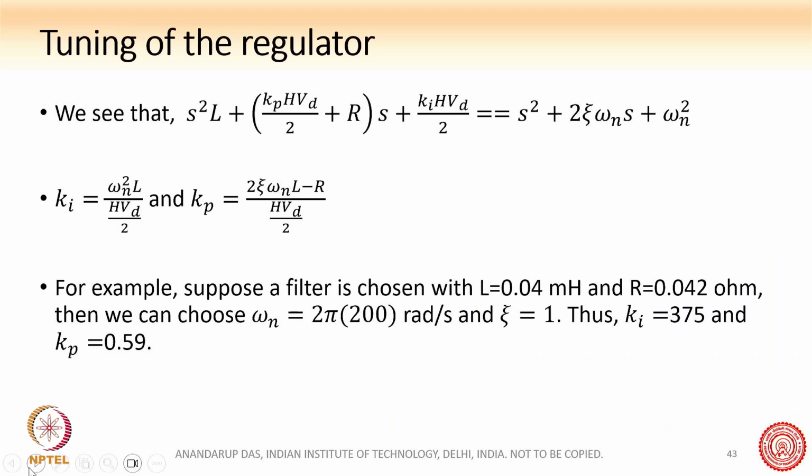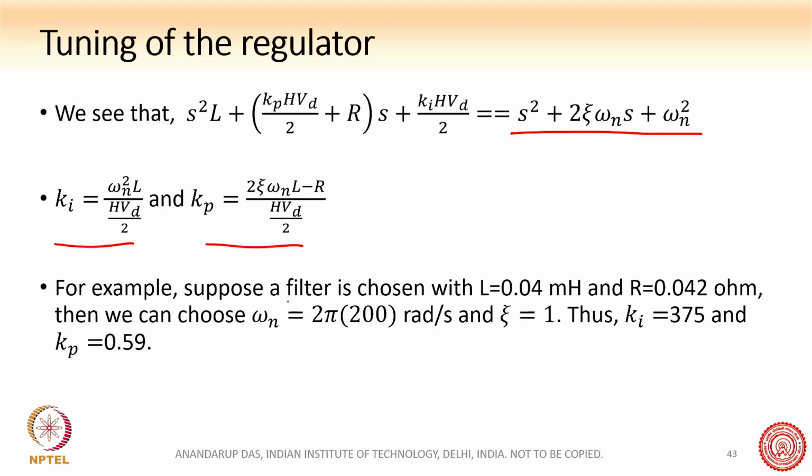Then we can find how much is zeta, the damping coefficient, and how much is the bandwidth. These are the values which will come when we compare with the standard second order system equation, s square plus 2 zeta omega n s plus omega n square.